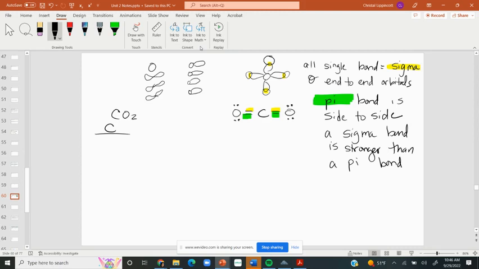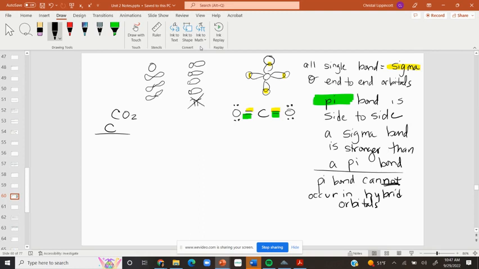When I have a pi bond, pi bonds cannot occur in hybrid orbitals. So you can't have one of these for a pi bond.